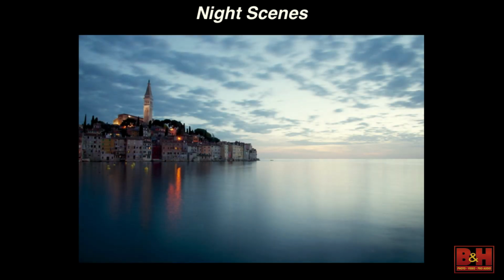Here, this is in Rovinj, Croatia. This is a 30-second exposure that I made. That's why the water's so flat, because that water's been moving for 30 seconds through the scene. The clouds are a little bit blurred out because they've been moving for 30 seconds through the scene. But the reason I show this is I was looking at my metadata, and I made this shot 4 minutes later.